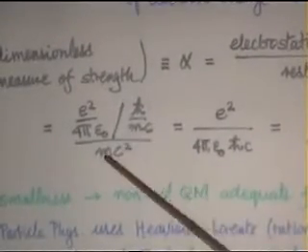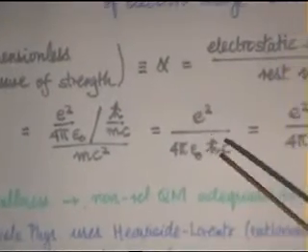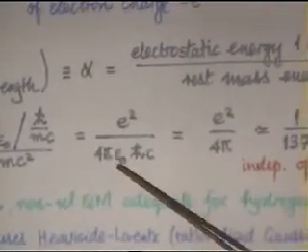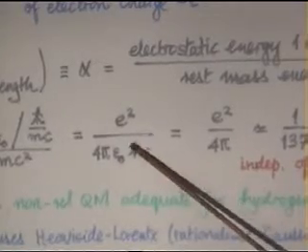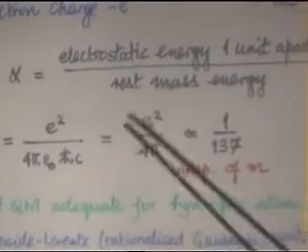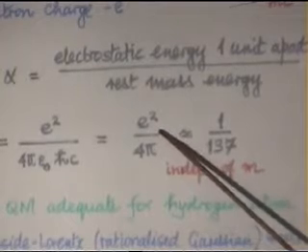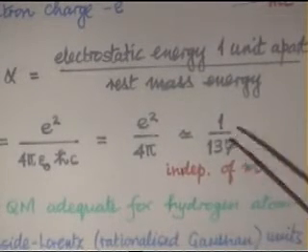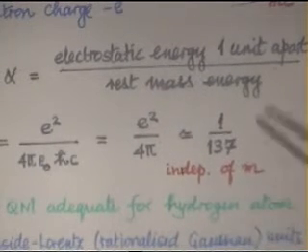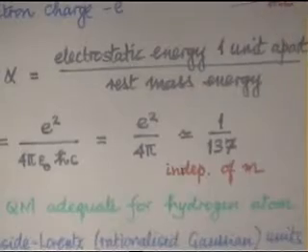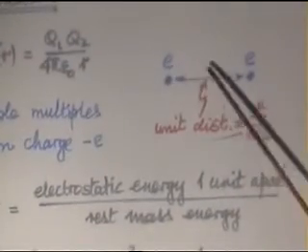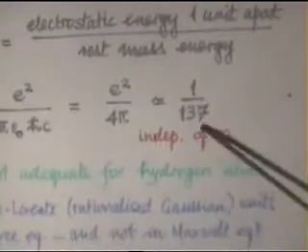Now the mass cancels out in this case, and we've got E squared over 4 pi epsilon naught h bar c. h bar c is equal to 1 in our units, and so we've got E squared over 4 pi, and when we work out what all of that is, it's 1 over 137, independent of what particle we look at, whether it's a proton or electron. It's just the charge that's important.